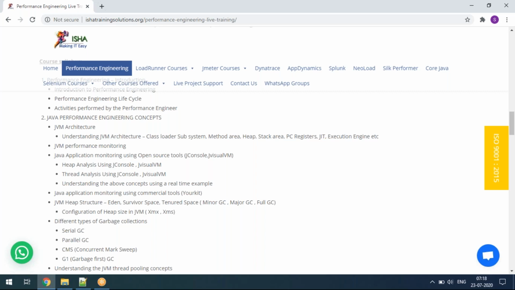I have the YourKit tool with me, which is a commercial tool, and I will share it with you guys also, so that you can install it on your local machine, and then you can also simulate whatever I'm telling you, so that you can learn the concepts in a little more detail.